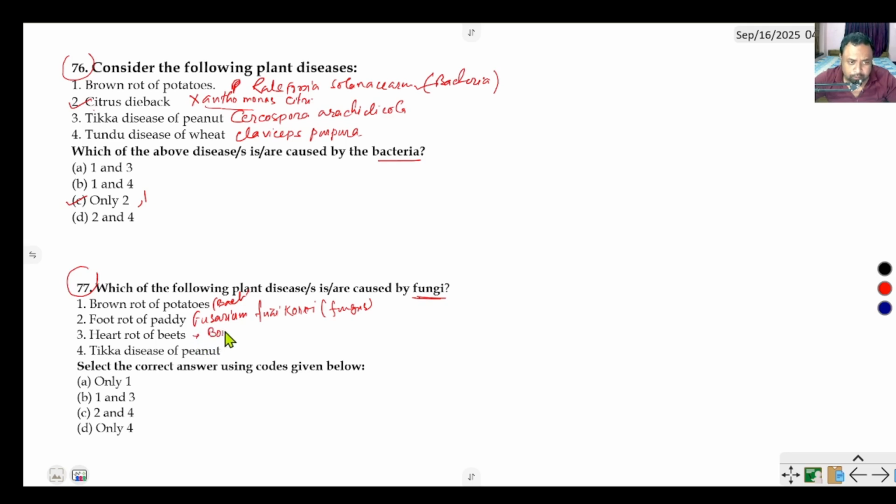And tikka disease of peanut is caused by Cercospora arachidicola. That is a fungus. So the correct option is 2 and 4, the Fusarium fungus and 4. C is the correct option.